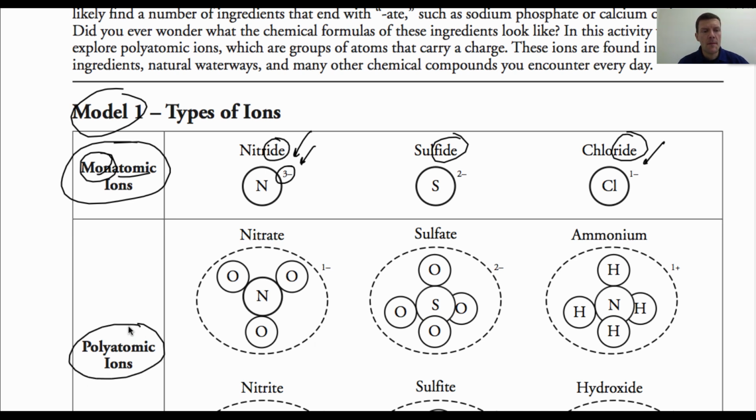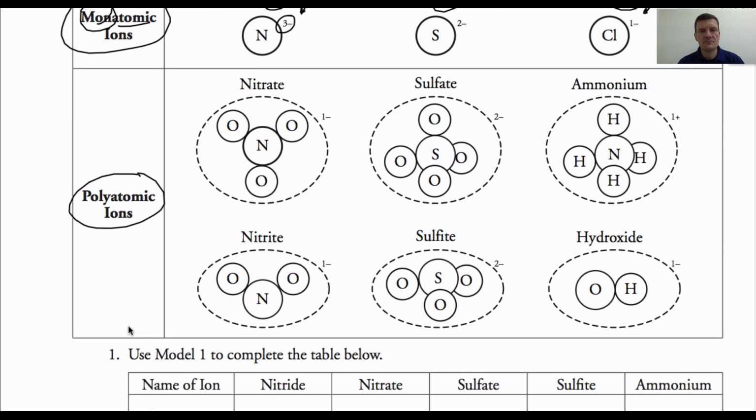Down here we have polyatomic ions. The difference, you'll notice, is that there's a group, and there's a dashed circle or dashed oval around this group, which means there's a nitrogen and 3 oxygens that are bonded together, covalently bonded, by the way. We're going to talk about that in another upcoming video.